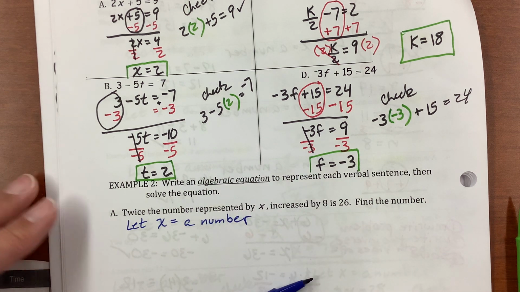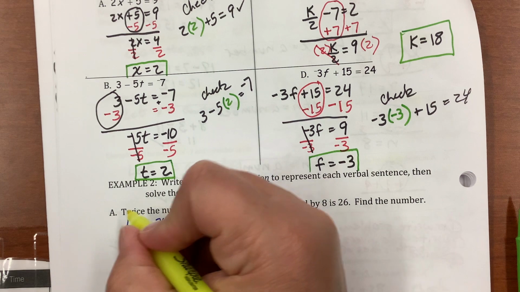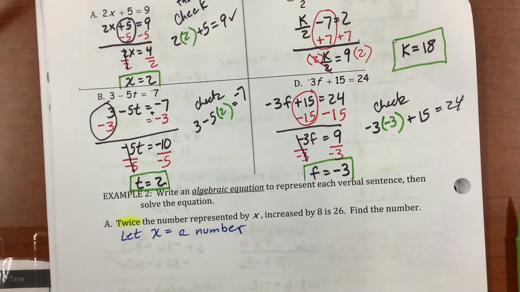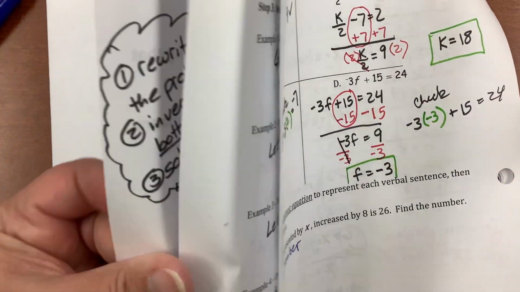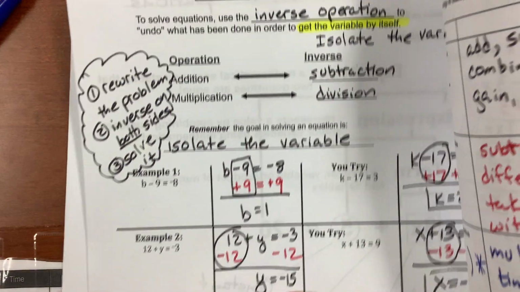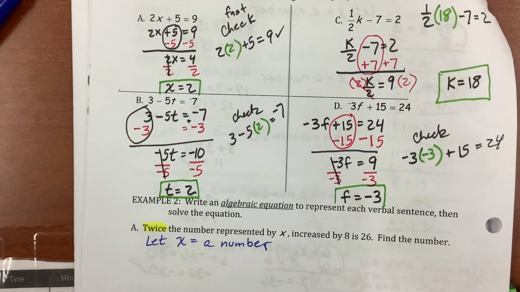All right, now let's see what some of these other things mean. Twice. If you're not sure what that means, you could go back and look a couple of pages back. I had that list of all those words that helped me. And twice, where should twice go? Twice should be multiplication. I'm going to write it in multiplication.